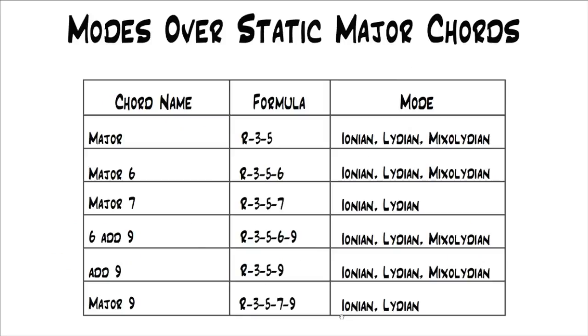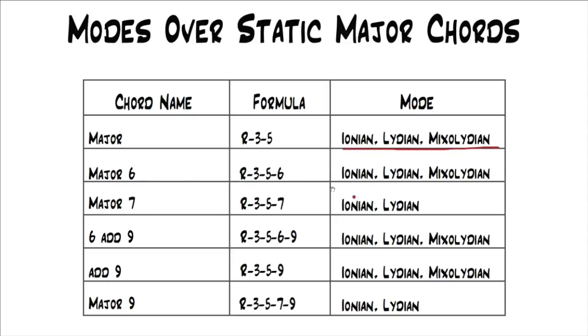And here I've created new charts for you, which are the most popular major chords. Right now we're talking about major chords, which are the 1 chord, the 4 chord, or the 5 chord, which are Ionian, Lydian, or Mixolydian. So if you have a major chord, the formula again I've just left in is root 3/5. You can use Ionian, Lydian, or Mixolydian to solo over it.